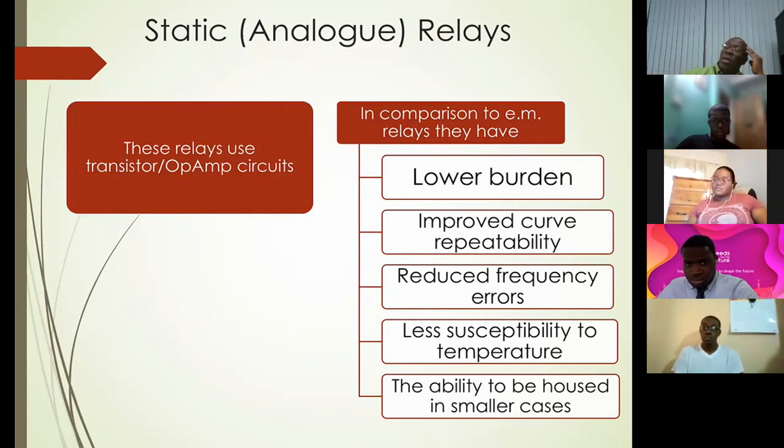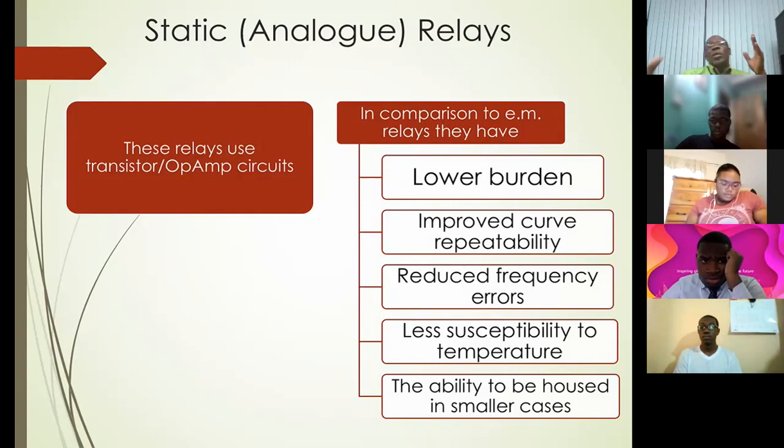But then when you come to the electromagnetic, they are quite bulky, very bulky. So that's one benefit of your analog relays. It allowed the size of the relay to be reduced.